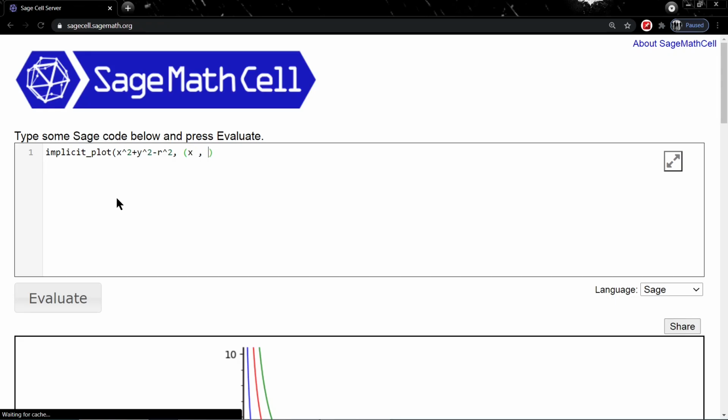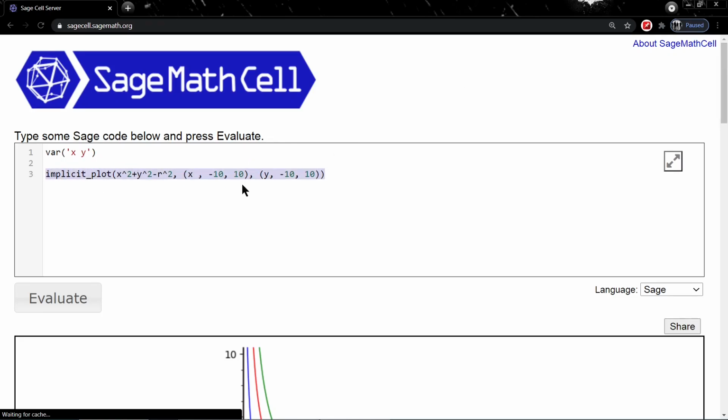We write x comma minus 10 comma 10, and y range from minus 10 to 10, y comma minus 10 comma 10, and we will close the bracket. Now this will plot a circle of the form x square plus y square equal to r square. Before plotting this, we will define the variables x and y. We will write variable, quotation mark, x space y, quotation mark, end.